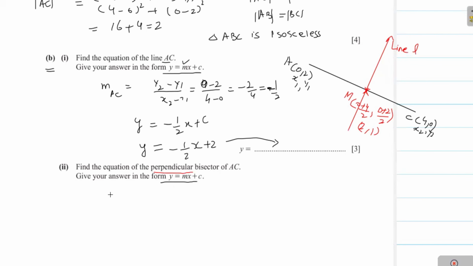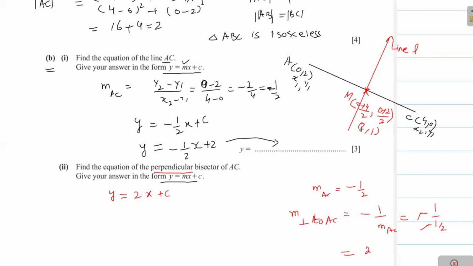Now for the equation y equals mx plus c, here m AC is minus 1 over 2. The gradient of the perpendicular to AC is the negative reciprocal of this gradient, so minus 1 over 2 becomes plus 2. Therefore, the equation of the line is y equals 2x plus c.